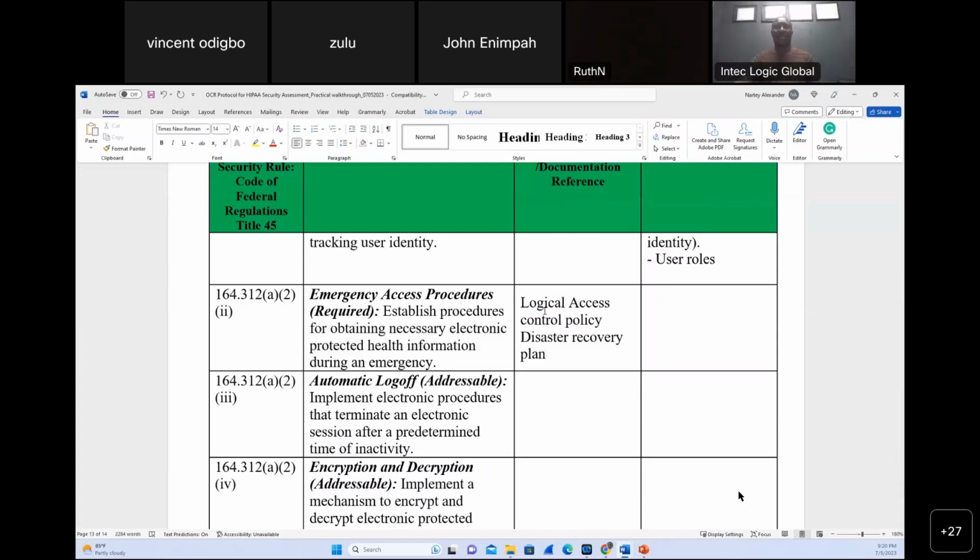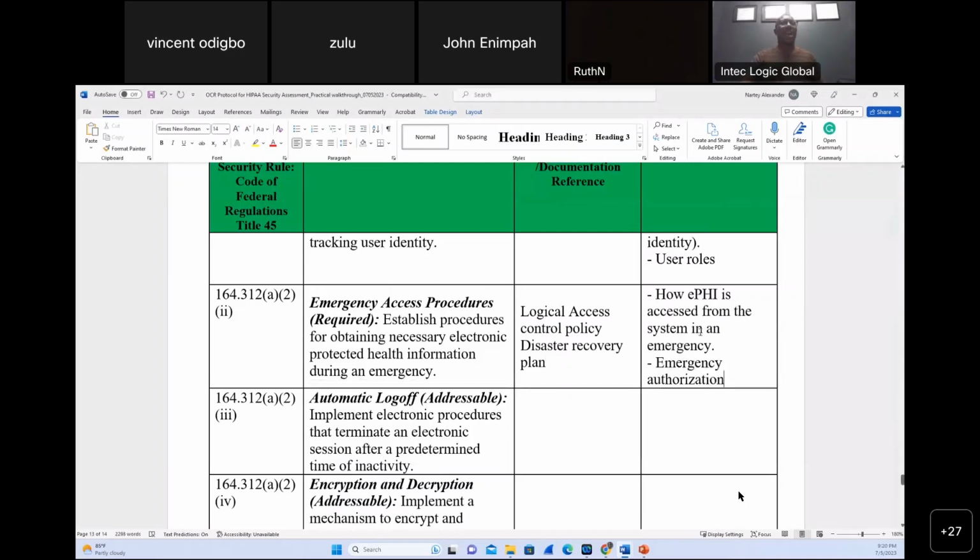So what do you look out for when you get such a document? You want to look at how EPHI is accessed from the system in an emergency situation. Is there any emergency authorization process that people have to follow?